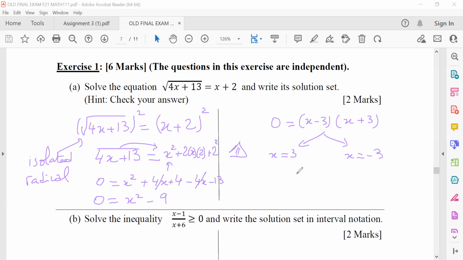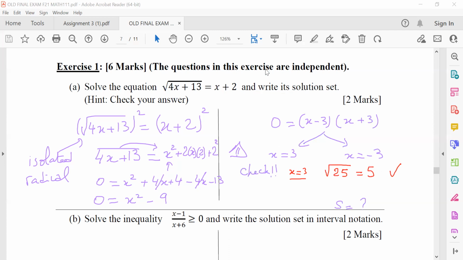But we are not done yet, the solution set is still unknown. Since it's a radical type equation, we have to check. There might be an extraneous solution. For x equals 3, we replace in the original equation. We get root of 12 plus 13, which is 25, equals 5. This is correct.